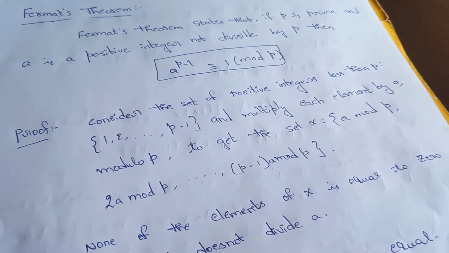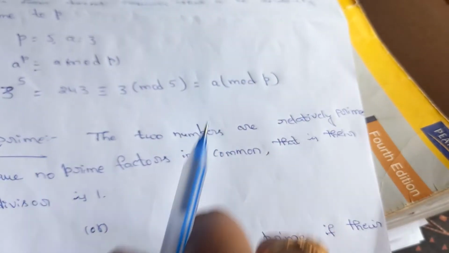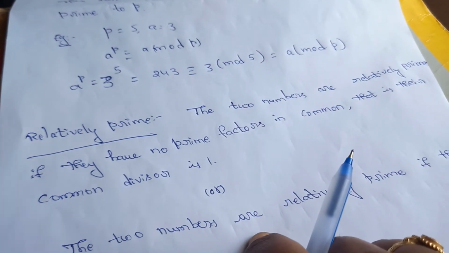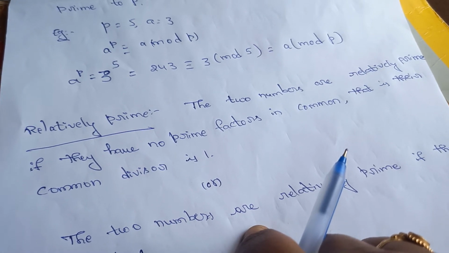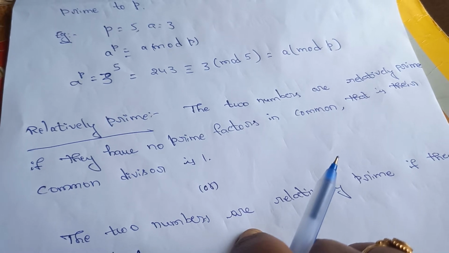One more definition is there: two numbers are relatively prime if they have no prime factors in common, that is, their common divisor is 1. So here are two definitions for relatively prime.